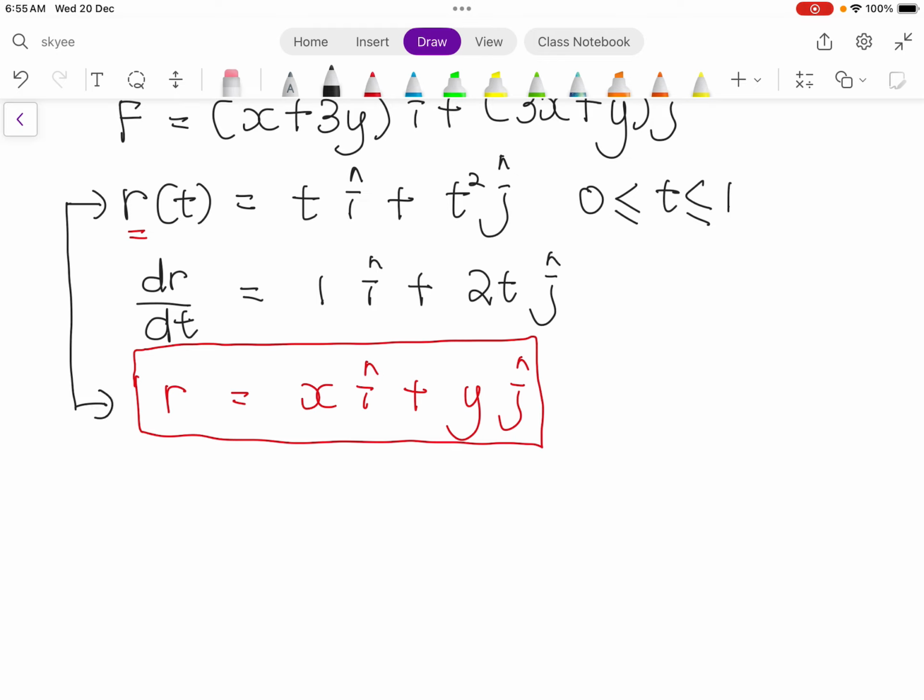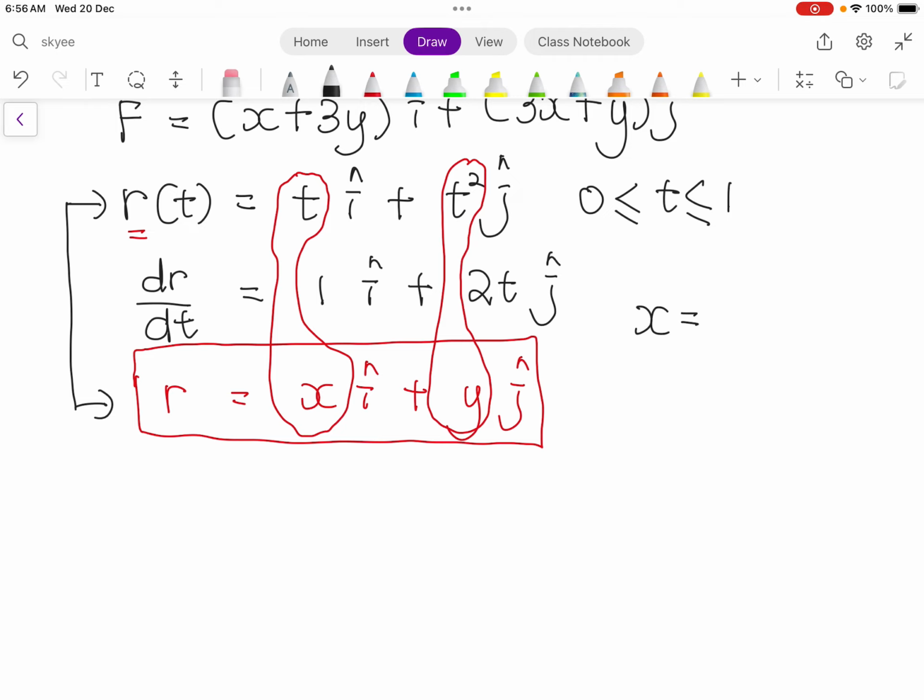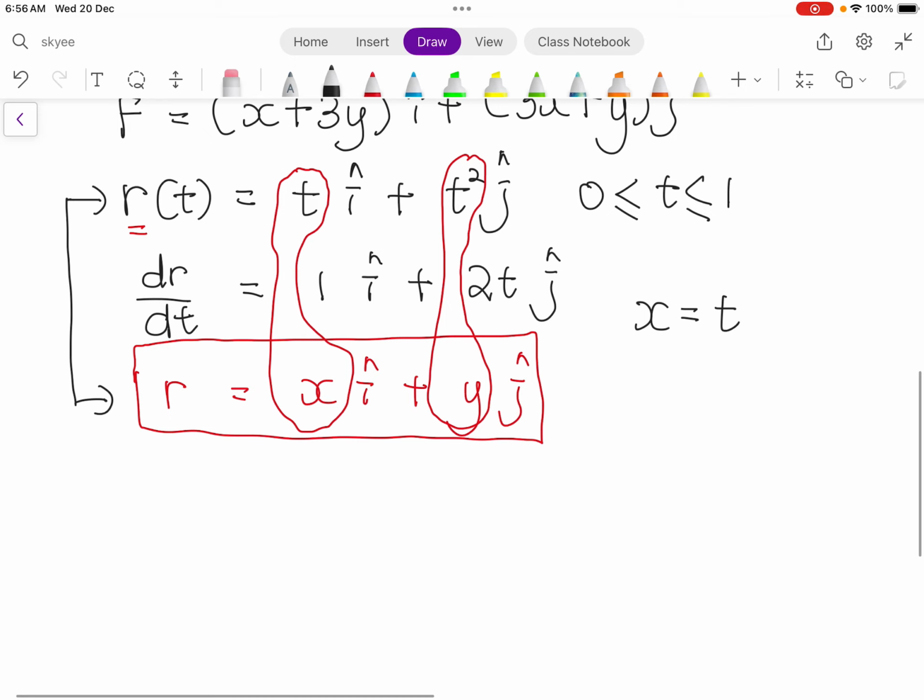From here you can see that x is equal to t, and y is equal to t squared. So I will write down here, x equals t, y equals t squared.